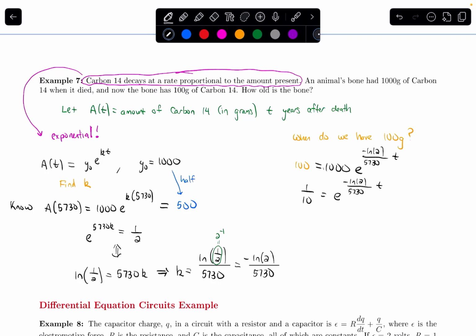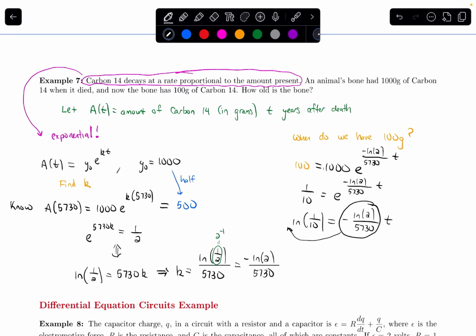Now, from here, I can convert this to log form. So doing that, I'll get ln of 1 over 10 equals the exponent of this. So that'll equal negative ln of 2 over 5,730 times t. And then to isolate the t, we take this whole fraction and divide it over.